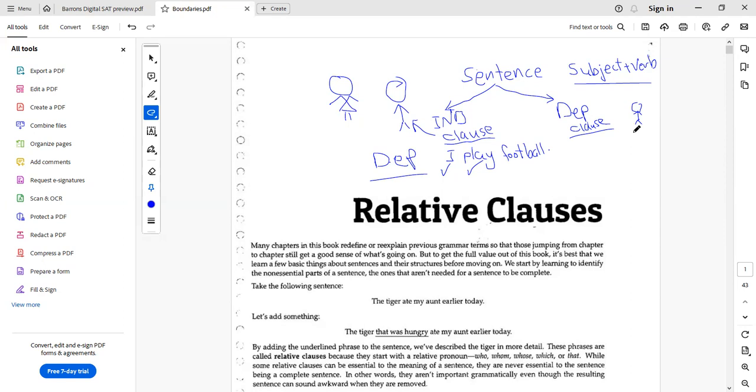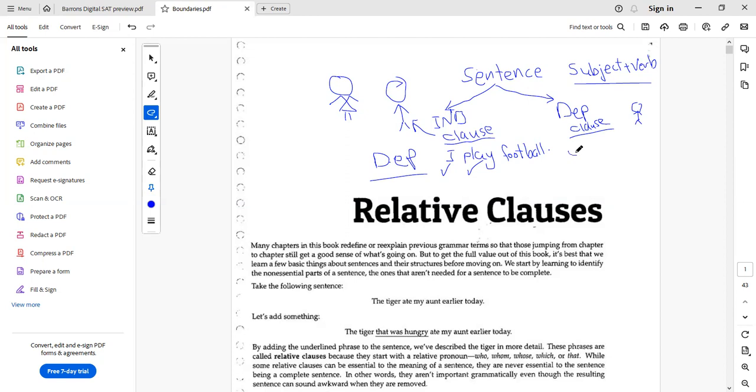The baby can't do any action alone. That's the meaning of dependent clause. It can't stand alone. Why? Because it needs another part to complete its meaning. It has a subject, it has a verb, but it will not give you a full meaning.